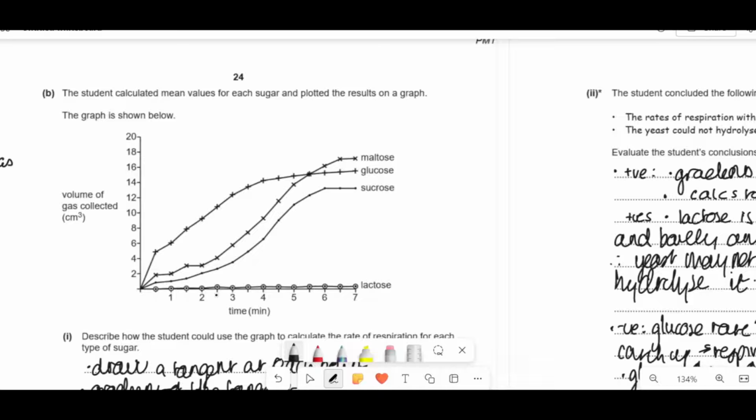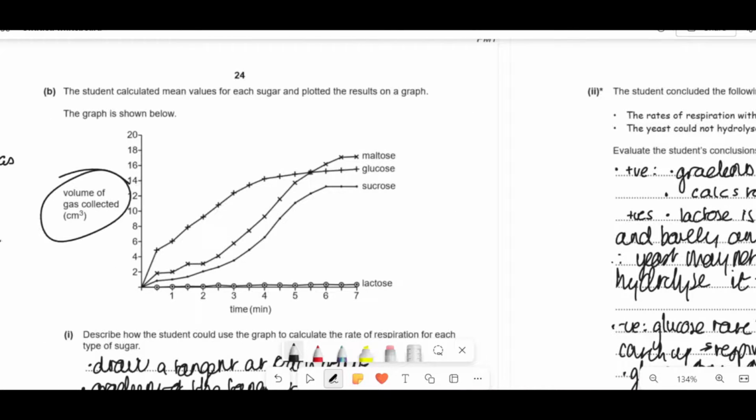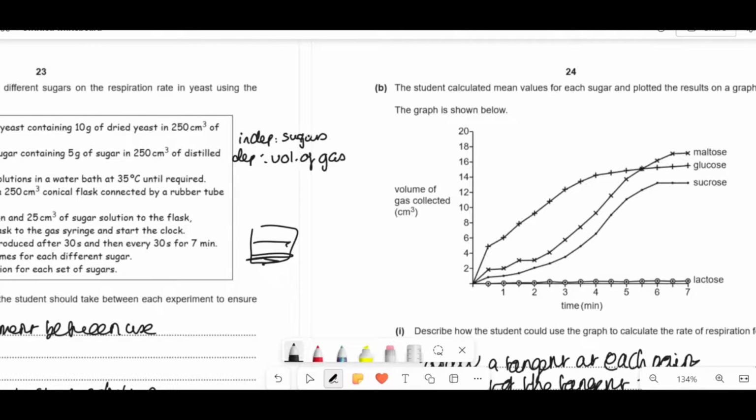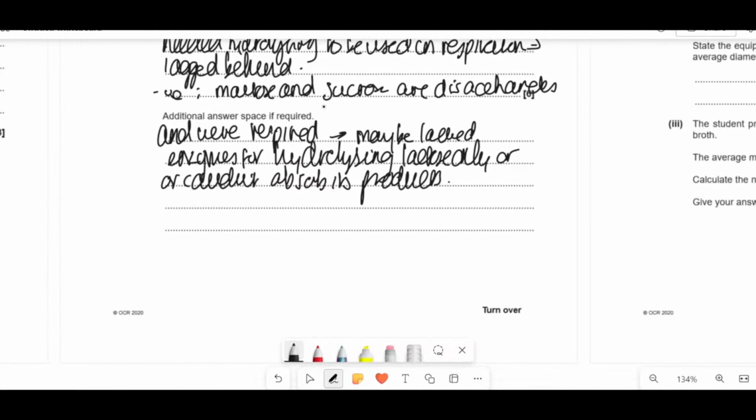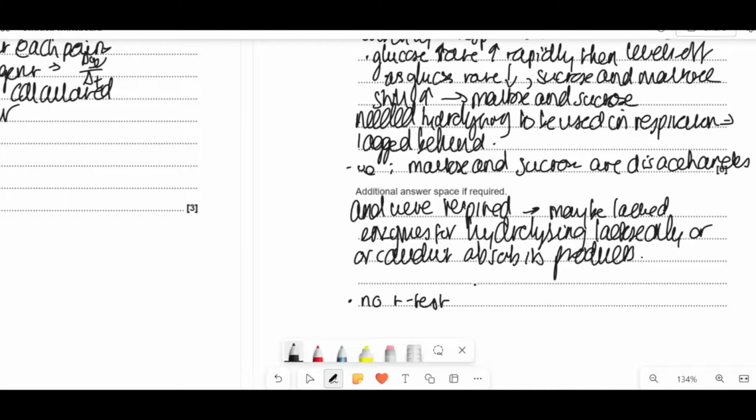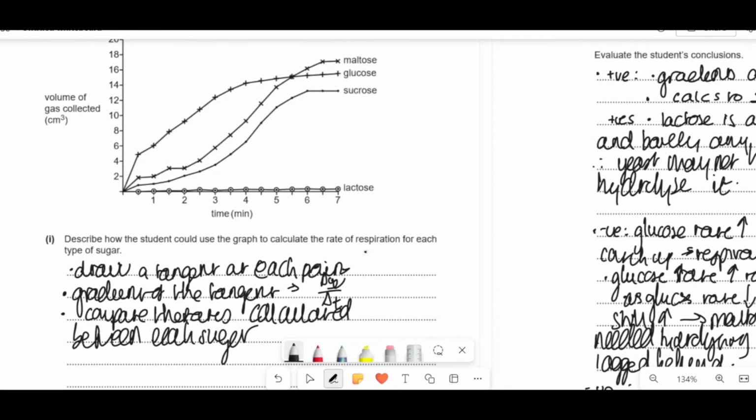As well as that, they're talking about respiration, but we've only measured the volume of gas collected. Like I said before, they're using it as a representative for respiration rate. That doesn't necessarily mean that this equals this, which is why you should always go back to linking it back to that starting point. So there's no t-test, or standard deviation is what I would use, because a t-test is for comparing means. Standard deviation is looking at the spread between them.